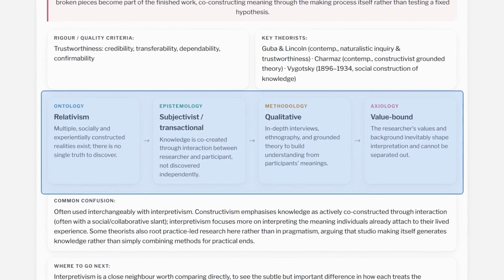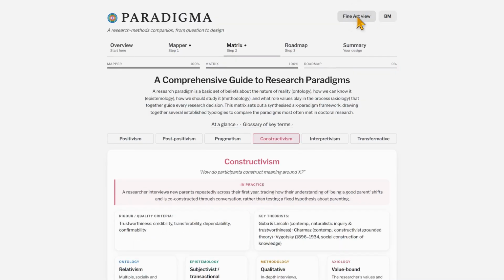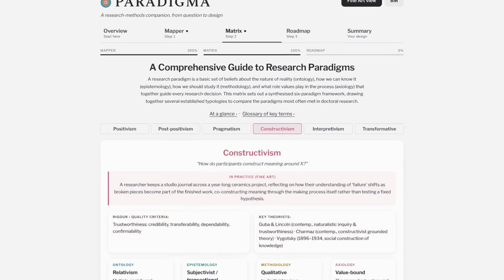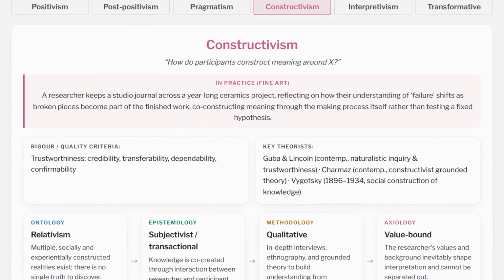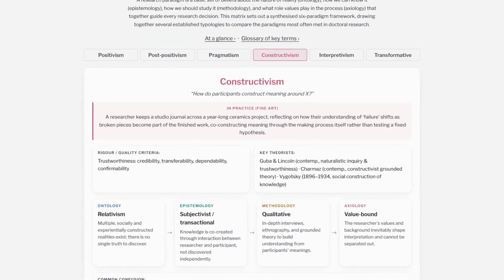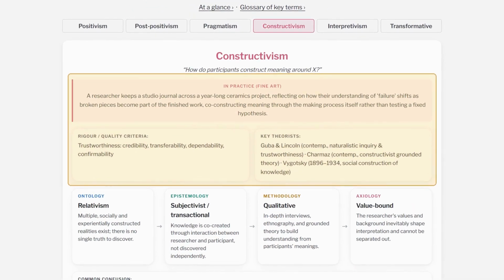Not one word of the definitions has changed, only the worked example. Interviews with new parents have become a year-long ceramics journal. The researcher's idea of failure shifts as the broken pieces end up in the finished work. That's the dual register. The philosophy stays fixed, only the example moves.